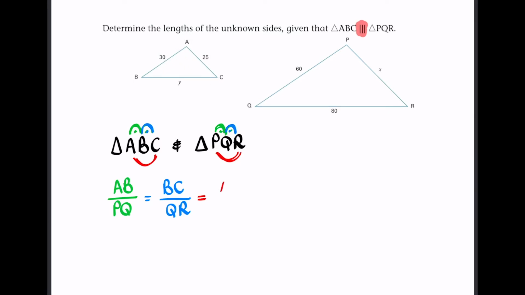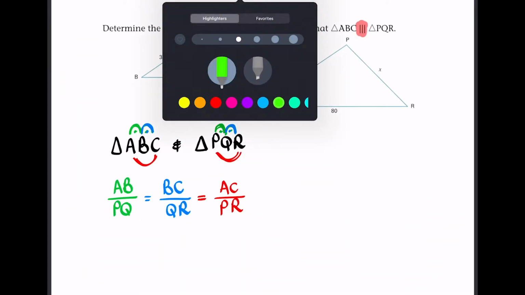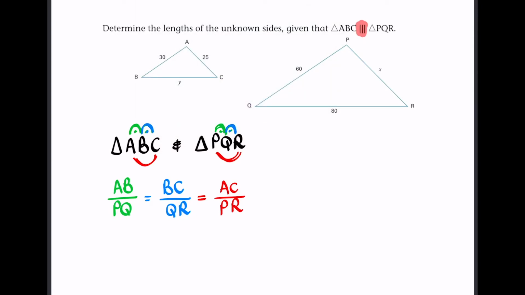So that's side AC over side PR. Now I'm able to put my sides, my proportion, in the correct order based on my triangles.